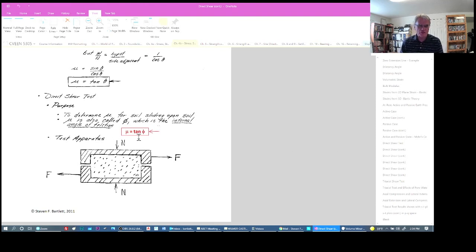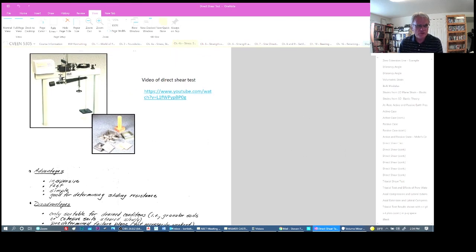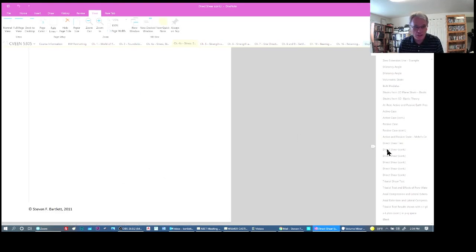This normal force is applied by a weight, similar to the consolidometer. There's a suspended arm here that pushes down on the box, and we hang weights here to produce the normal force in the box.